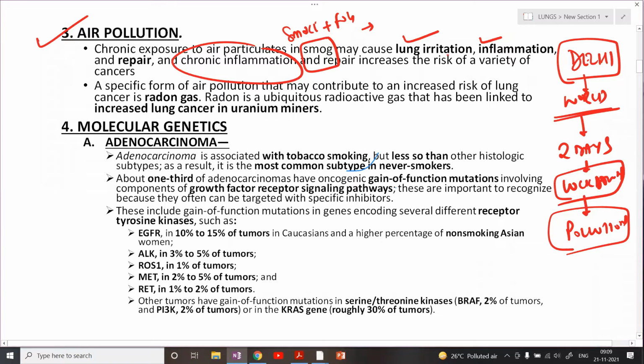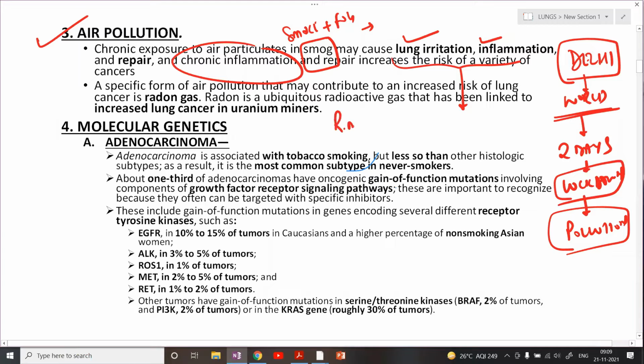Can you tell me how lung irritation and inflammation from air pollution are going to predispose to cancer? Can anyone tell me? Very simple. If there is a constant irritation, what is the normal lining of the respiratory mucosa?